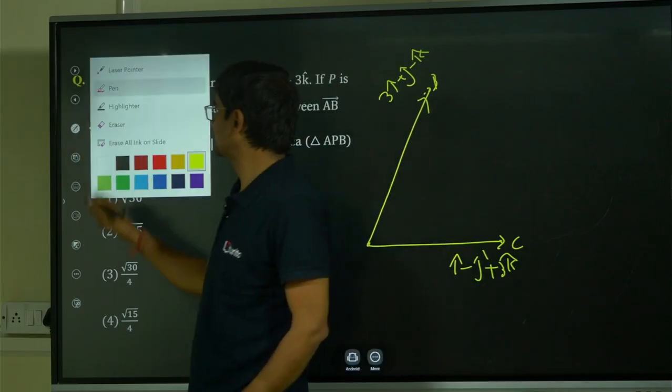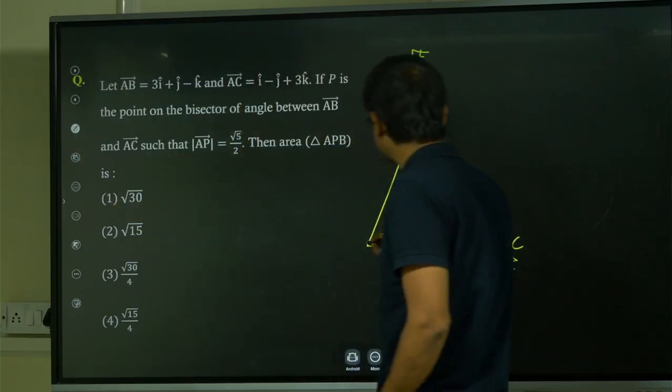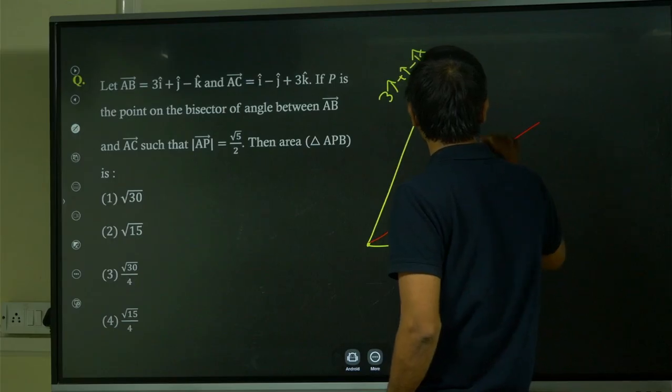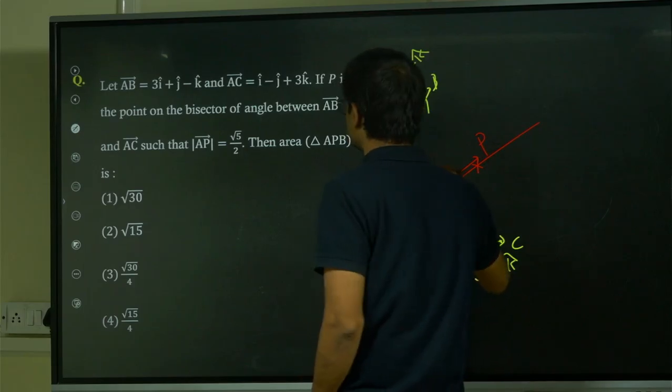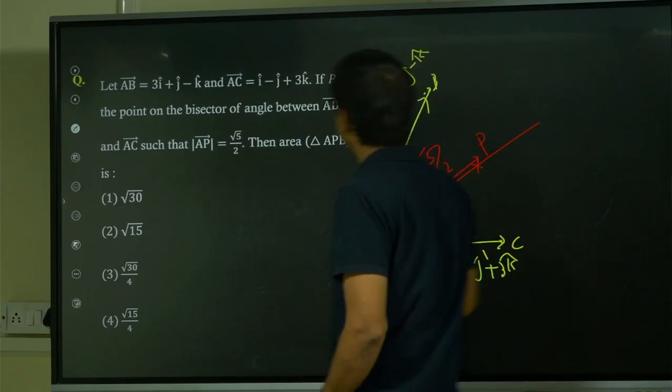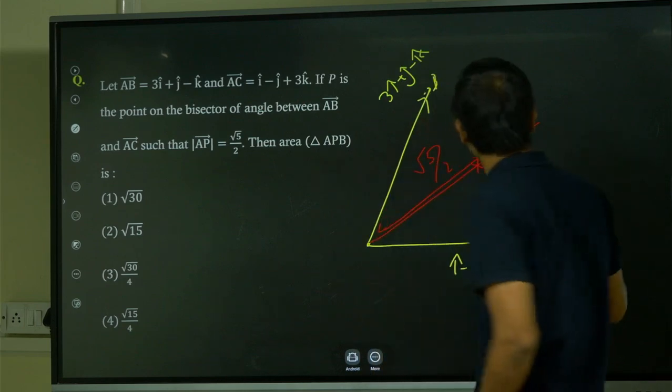They are angle bisectors. So the angle bisector for the vectors has to be this, such that this is P and this length is given. This is root 5 by 2. We are asked to find the area of triangle APB.